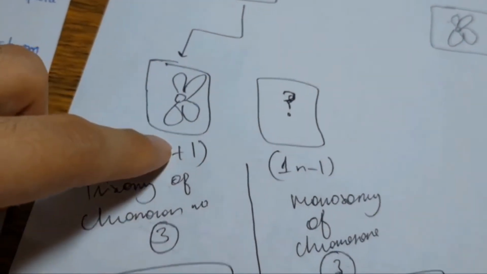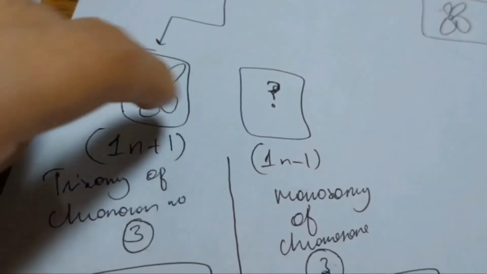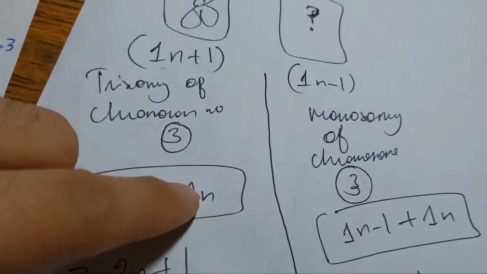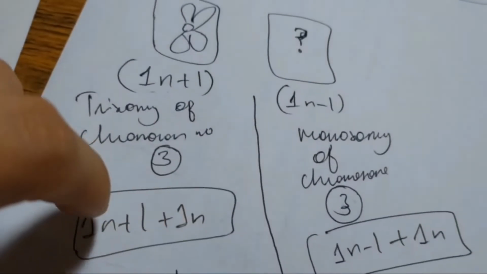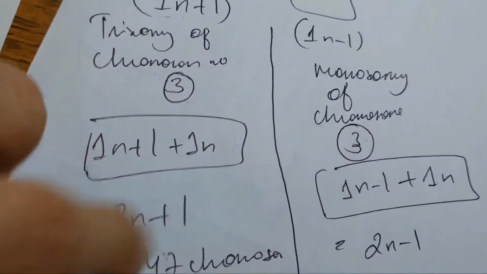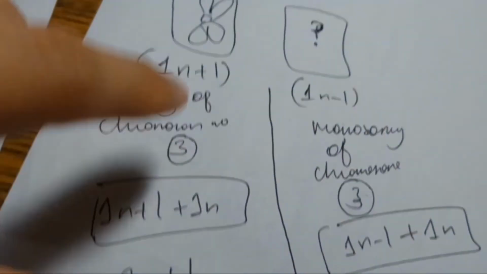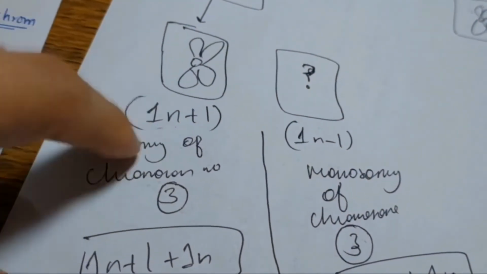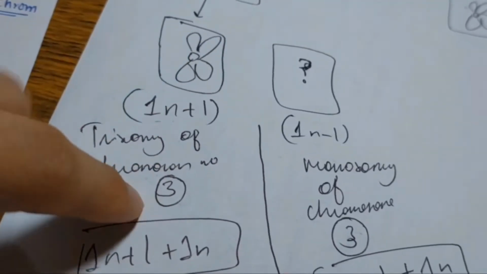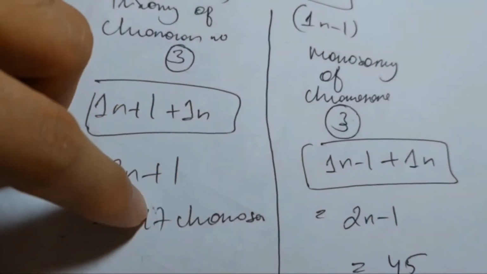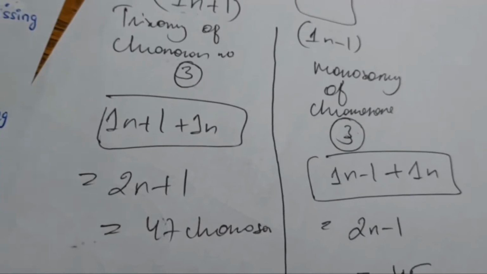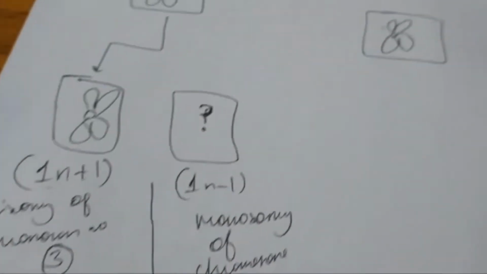So this 1n plus 1, if, for example, we consider these as sperm cells, fuses with a healthy ovum, 1n plus 1 plus 1n is going to form 2n plus 1, that is equal to 47 chromosomes. So this means there is going to be trisomy of chromosome number 3, and 47 chromosomes is another type of aneuploidy because it is not a direct multiple of 23.